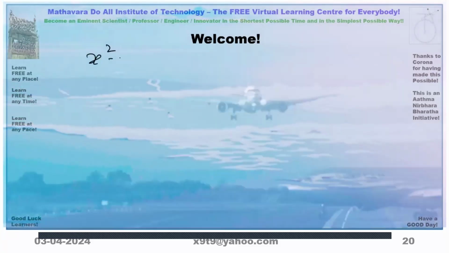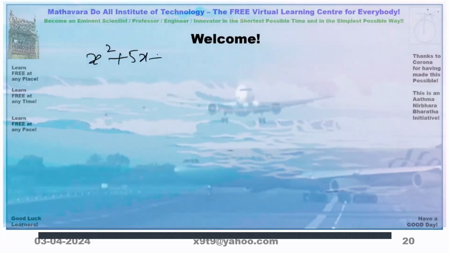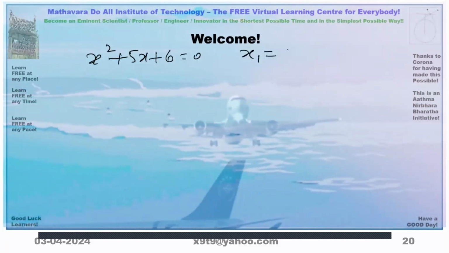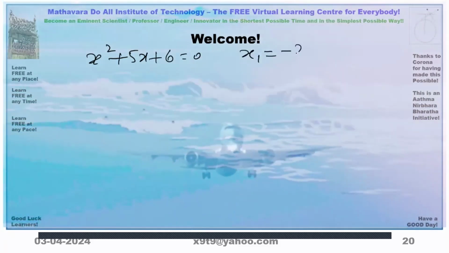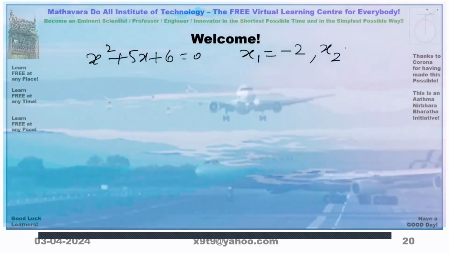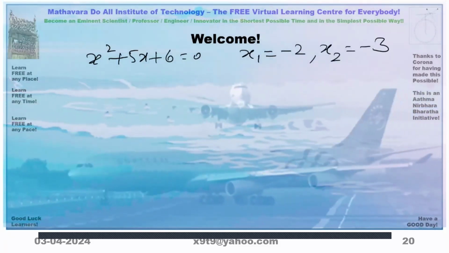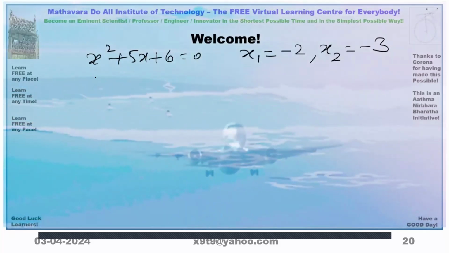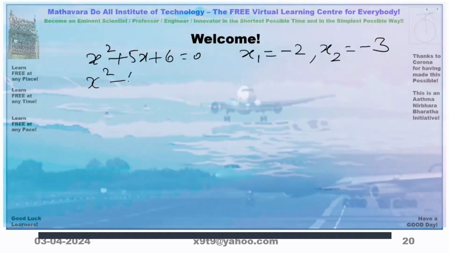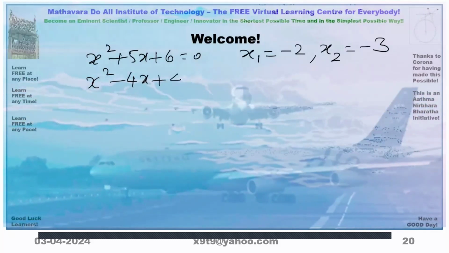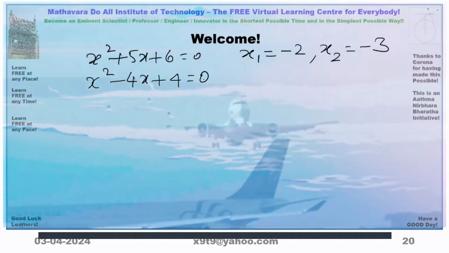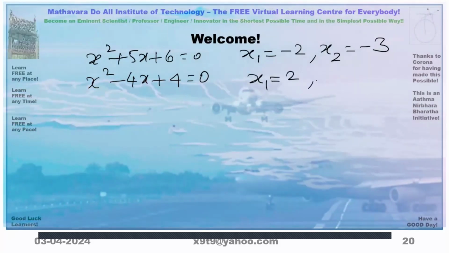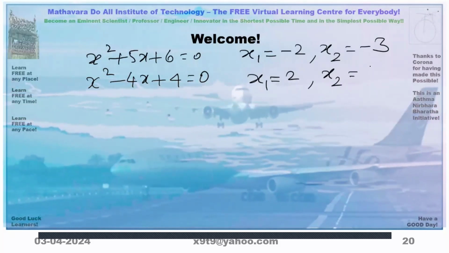like x square plus 5x plus 6 equal to 0, we got x1 is equal to minus 2, x2 is equal to minus 3. Maybe you can call x1 is minus 3, x2 is minus 2. Doesn't matter. When I took this problem, what we get will be, this is also 2, this is also 2.